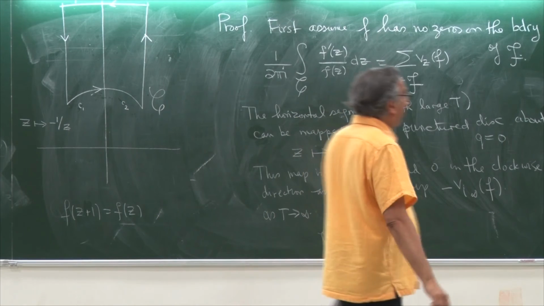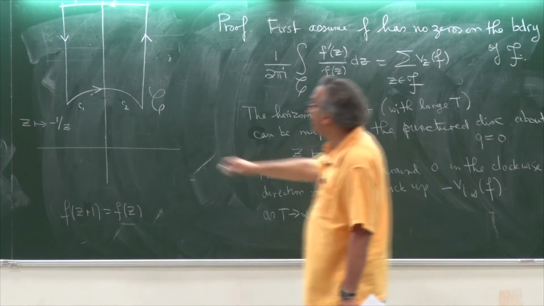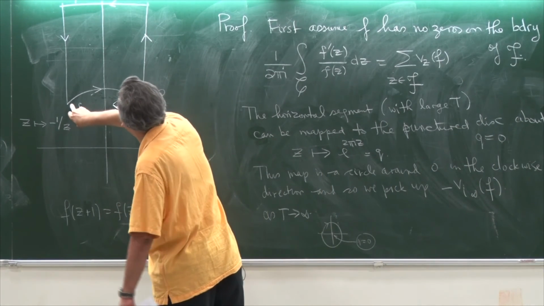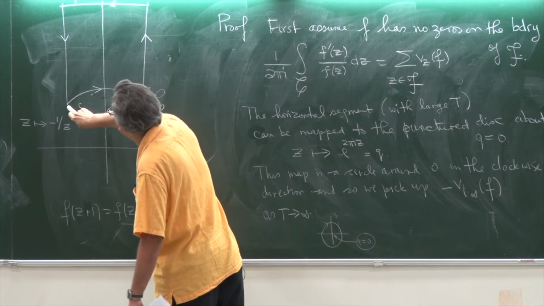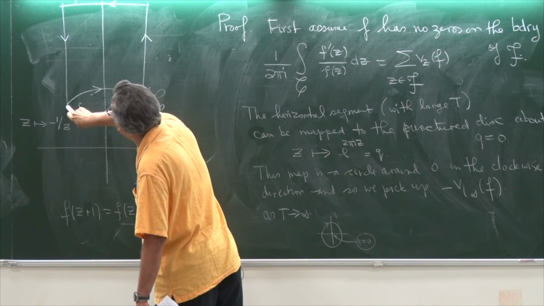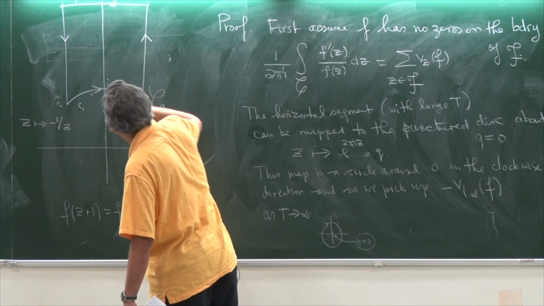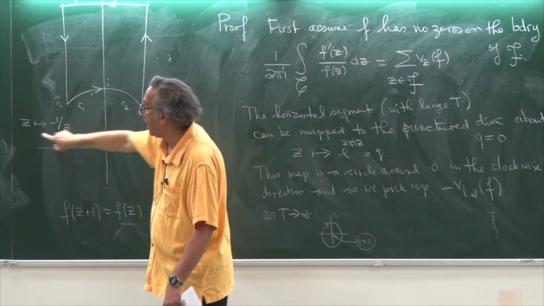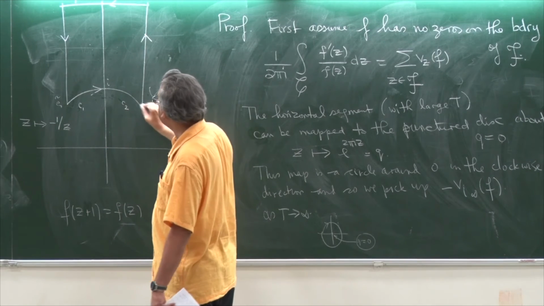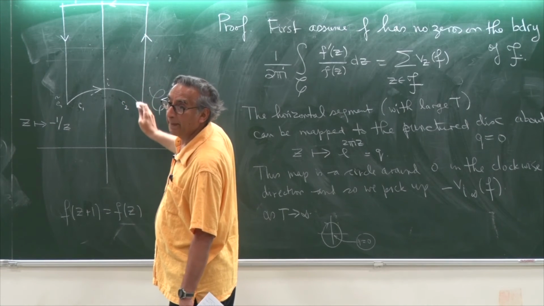And now to analyze the contribution on this arc, I'm just making the comment that as I move from this point rho squared to I, the contour under this mapping z goes to minus 1 over z is actually moving in the opposite direction.